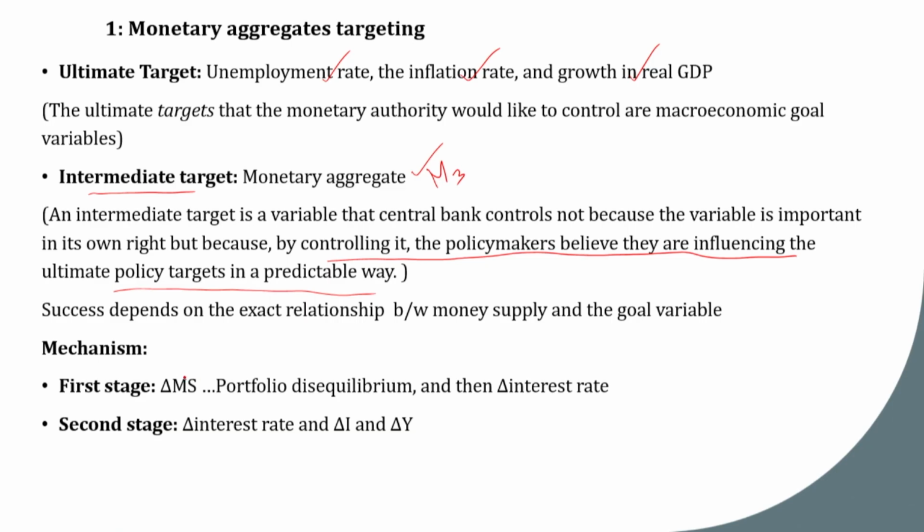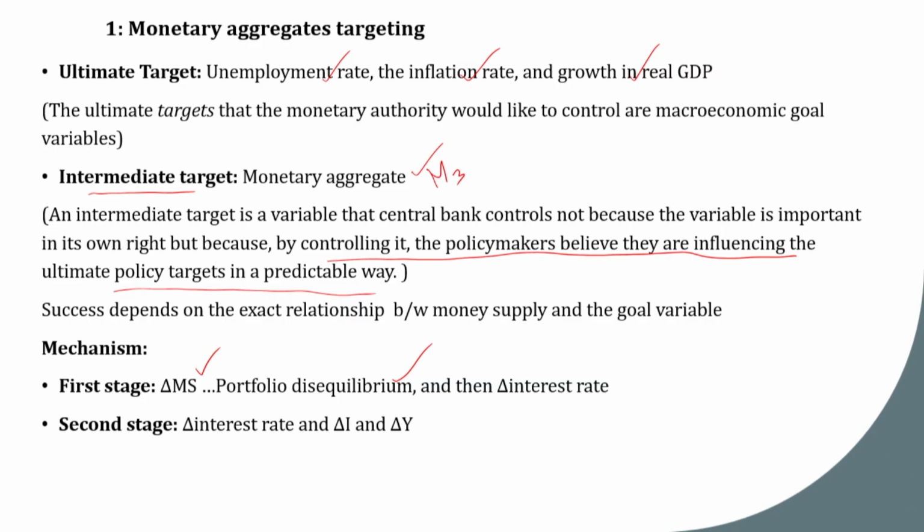If there is an increase in money supply, the central bank injects more money into the economy, then the expected transmission mechanism is that it will create portfolio disequilibrium. When there is more money with the general public, they will be investing, because when they have more money, the demand for bonds increases, and bond prices increase.